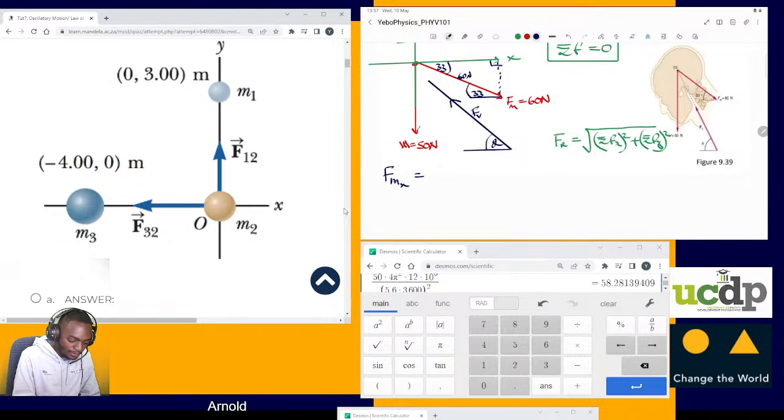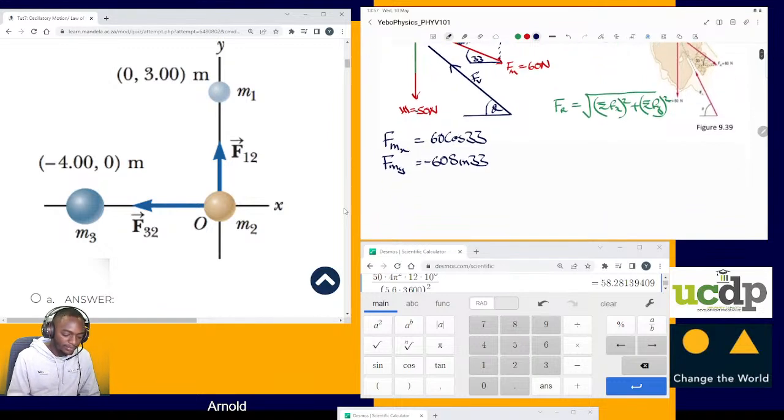So it's going to be 60 cos 33, whereas FMY is going to be 60 sine 33. And FM in the Y is negative. And 50 newtons is also in the negative direction.